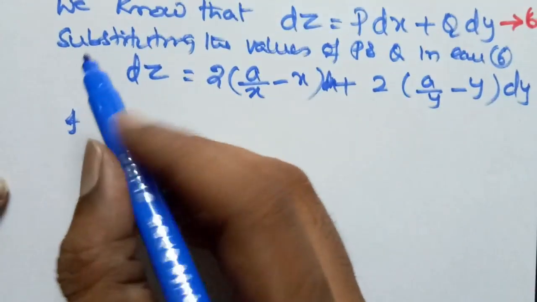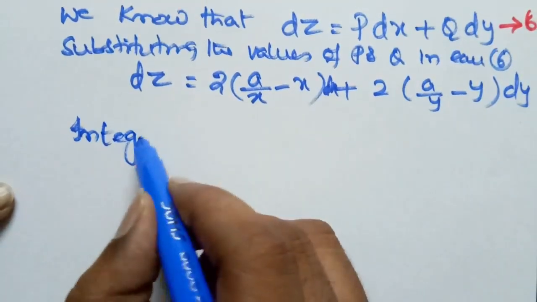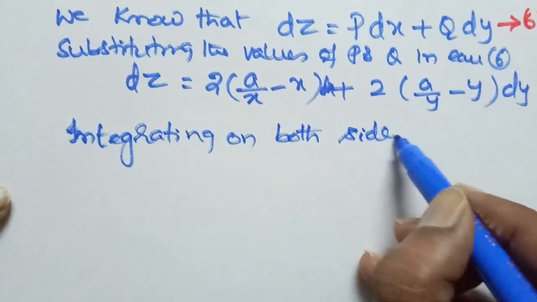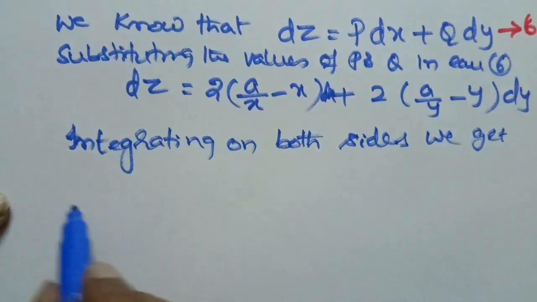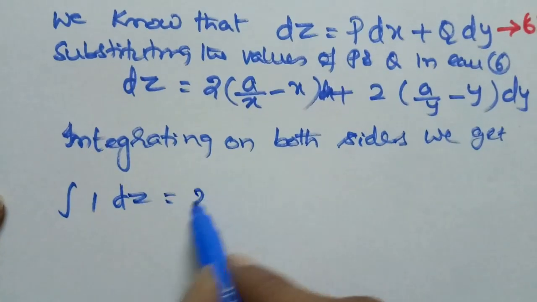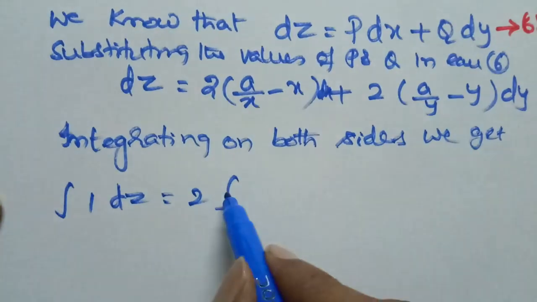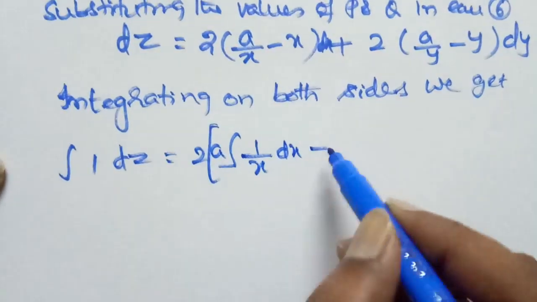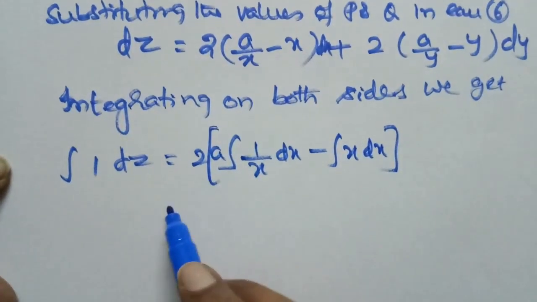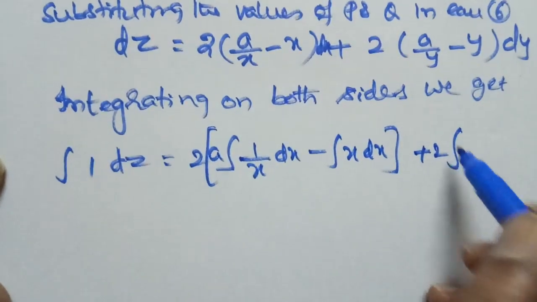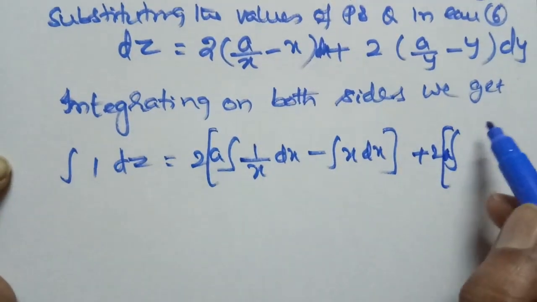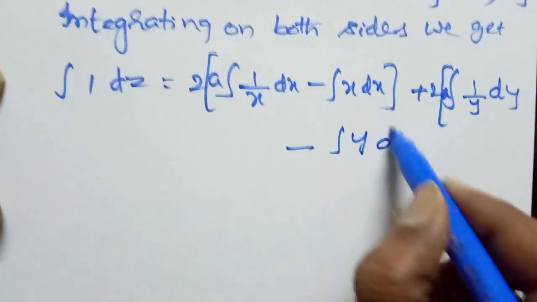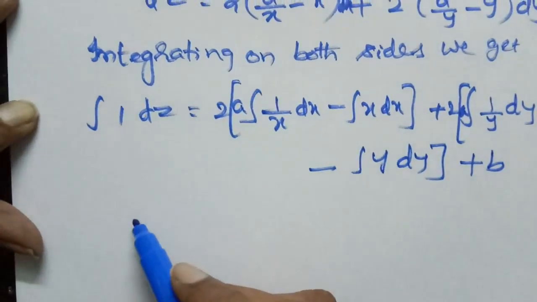Now integrating on both sides, we get integration of 1 dz is equal to 2 into integration of a into 1 by x dx minus x dx plus 2 into a into integral of 1 by y dy minus integration of y dy plus constant of integration.